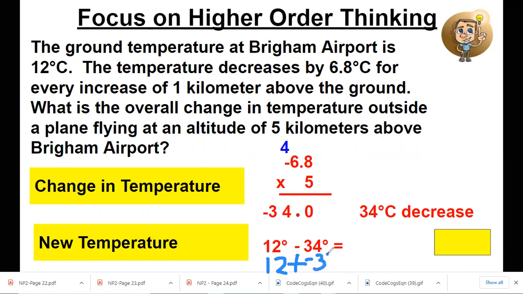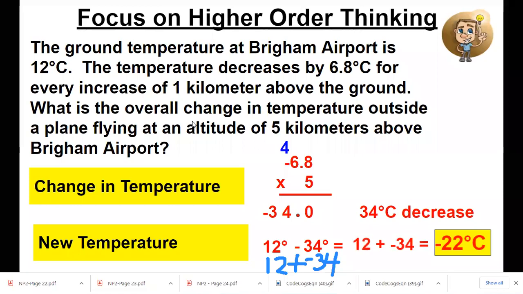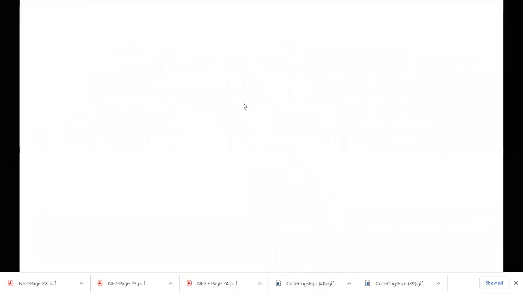It makes it easier for me to see that what I'm really doing is having two opposite signs and I'm subtracting them, and the answer will take the sign of the bigger number, which happens to be 34. So our answer will be negative. So 34 minus 12 is the same as negative 22 degrees. So that would be our new temperature.